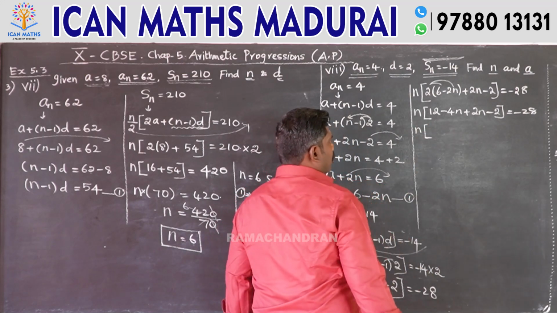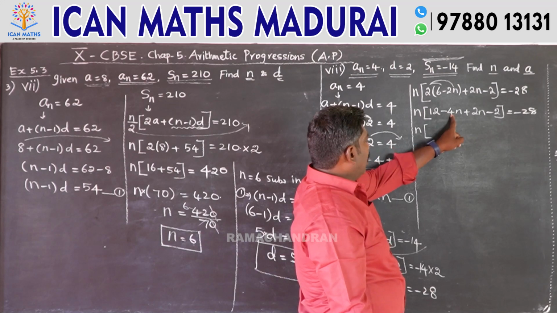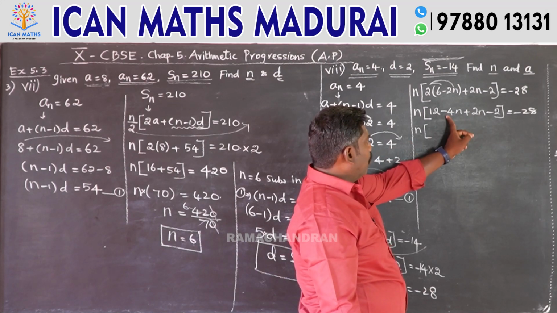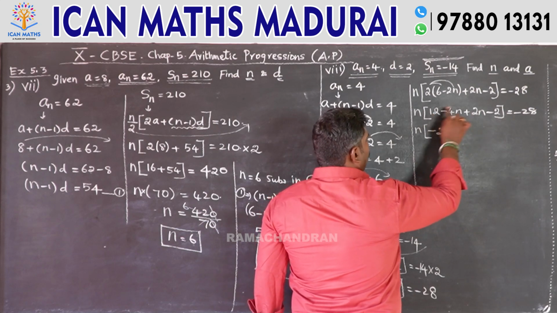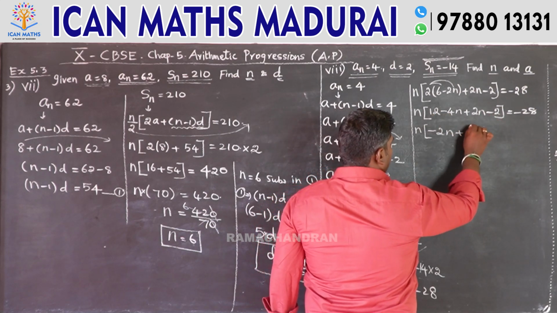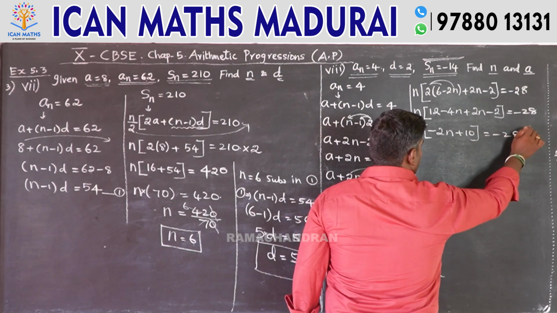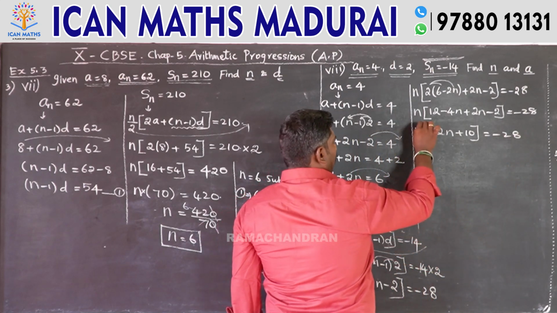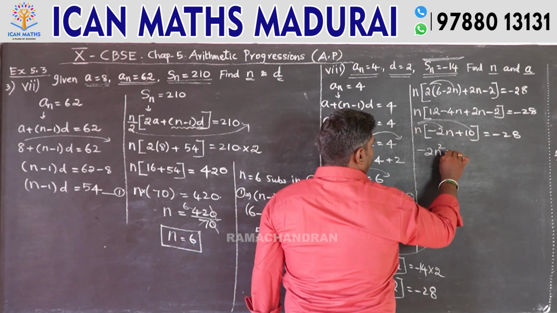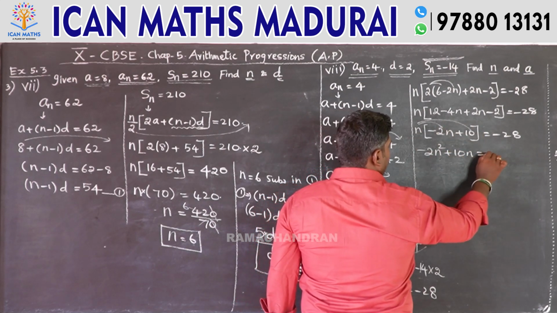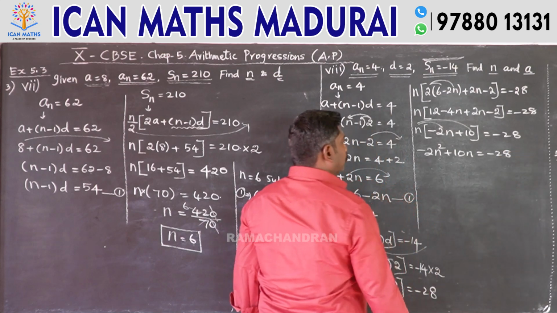Arrange the equation. Minus 4n plus 2n becomes minus 2n. 12 minus 2 becomes plus 10. If you multiply here, minus 2n squared plus 10n is equal to minus 28.